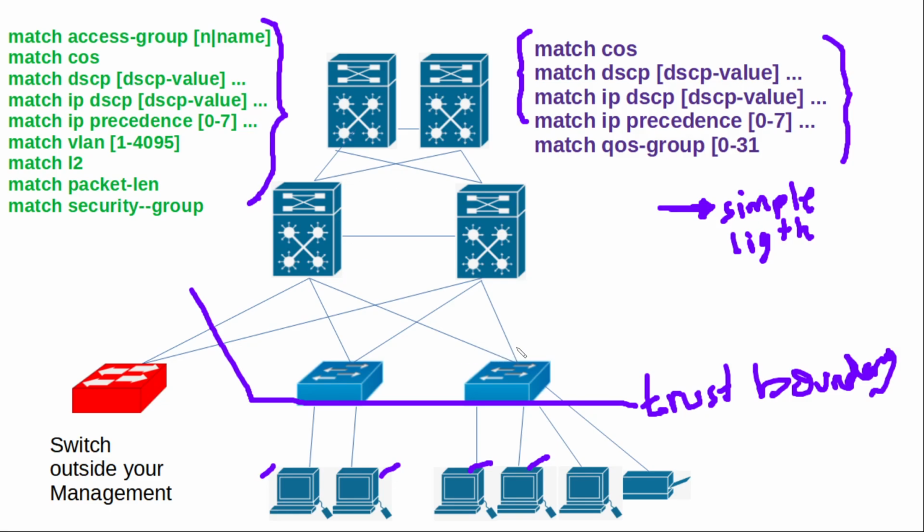So for instance, here I will use a light class map for inbound and outbound, here as well, here as well, here as well.